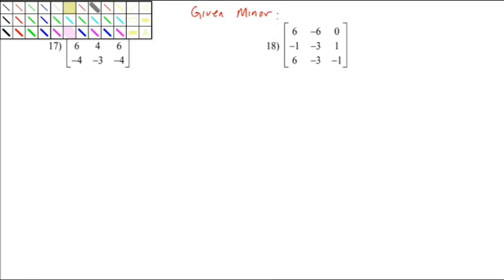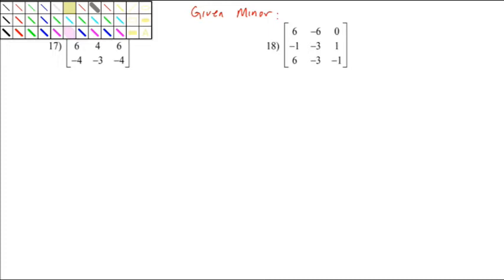Let's go through an example of finding the cofactor matrix for a given minor matrix. We know that we have a certain sign modification scheme where we add the subscripts of the elements together, and if this is odd, we flip the sign, and if it's even, we leave it alone.